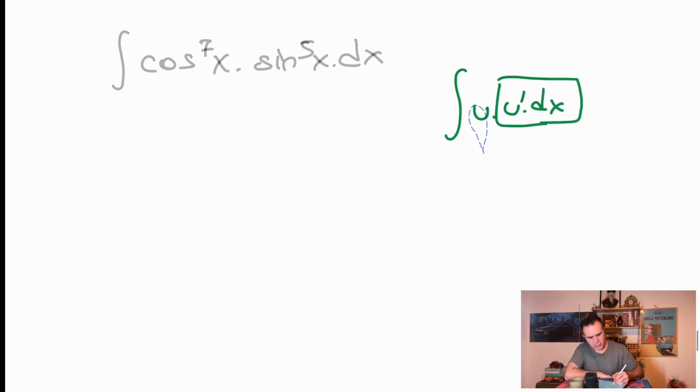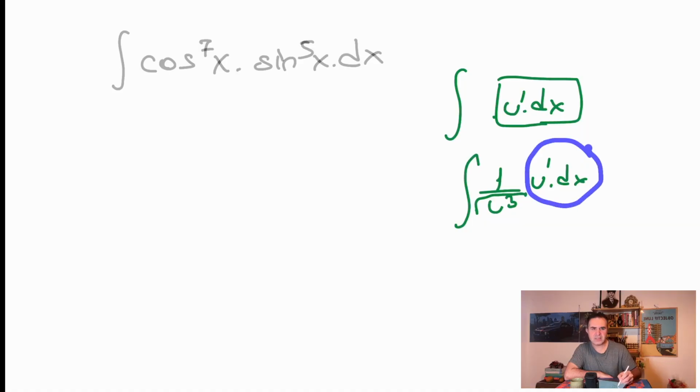The position of u is not important. Maybe it is 1 over u cubed times u prime dx, or square root of u cubed times u prime dx. It's not important. What is important here is that its derivative is multiplied by dx.